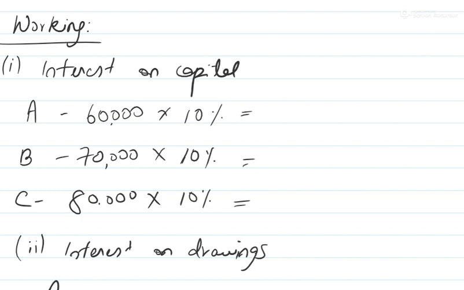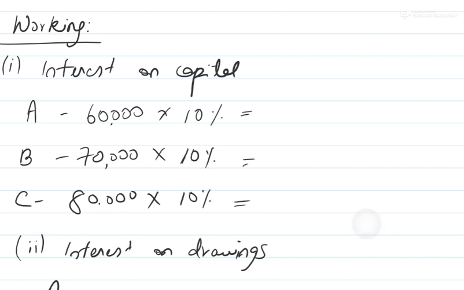This is not interest on drawings, so please keep in mind that we don't have to divide it by 2, since the capital was the same throughout the year. So this interest is being calculated for the whole year, meaning for a whole 12 months. If there was addition or withdrawal in the illustration, then we would do it accordingly. There is an illustration after this which shows what we shall do if there is addition or withdrawal of capital. So first let's finish this sum and then we'll do that sum.